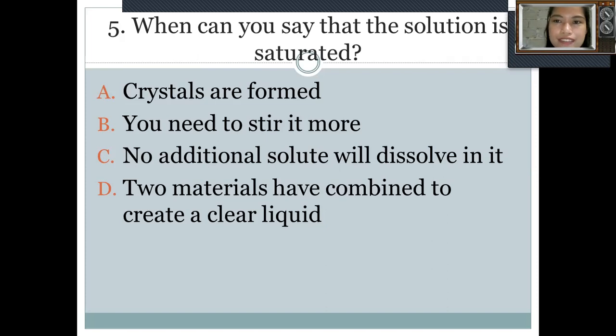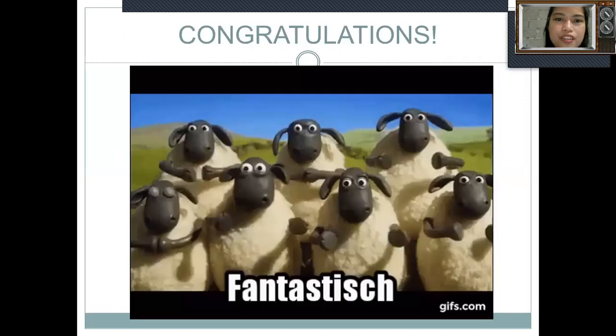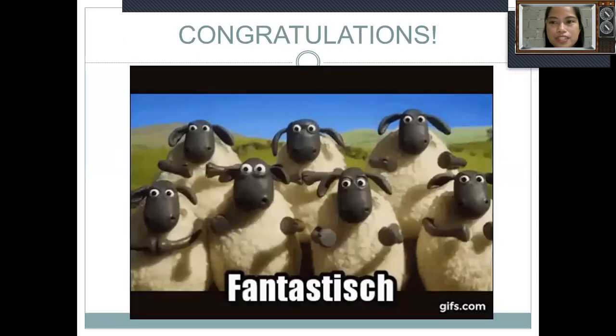In 5, 4, 3, 2, 1. What is your answer? If your answer is letter C, then you got it right. No additional solute will dissolve in it. So congratulations once again for doing a great job.